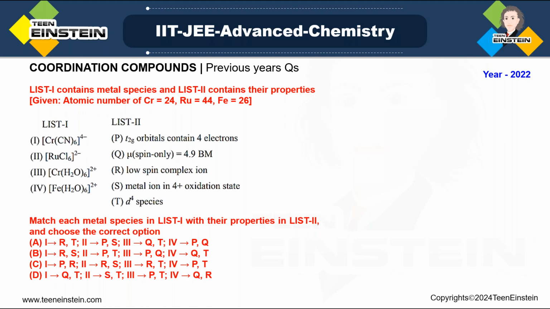Now look at this. Here we have two lists. And in list 2, one item is extra. That is fine. But here, one item from list 1 can be related to 2 to 3 items from list 2. What I am trying to say is, suppose you consider the first complex, chromium, it can be related to PQR or PQRS, or it may be related to all of them.